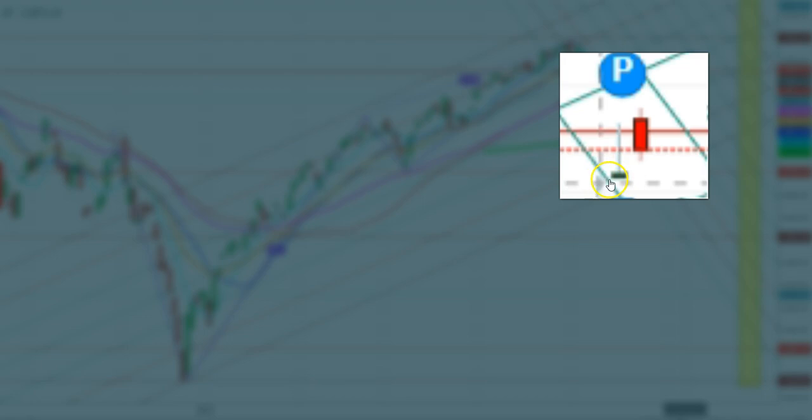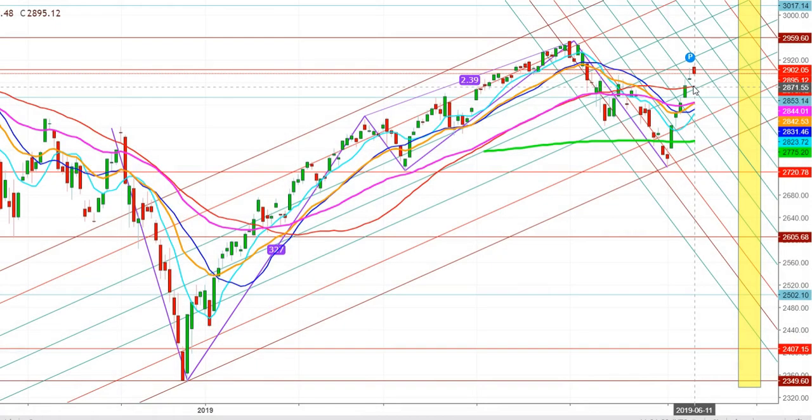After the formation of this exhaustive candle, if we find a huge red candle up to the level of 2871 in today's trading session, this will confirm the continuation of a downward trend during the upcoming week. So friends, therefore I decided to draw my expected trading zones for S&P 500 in the daily chart.